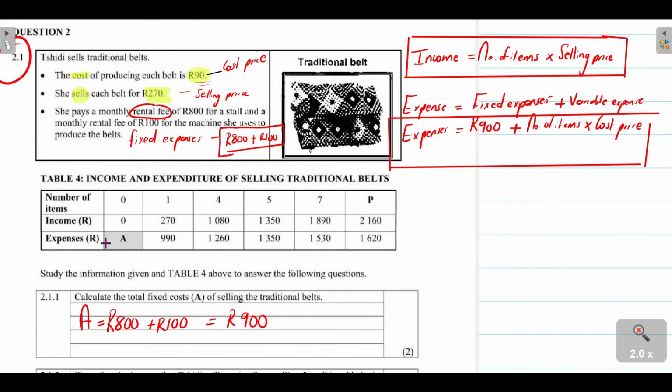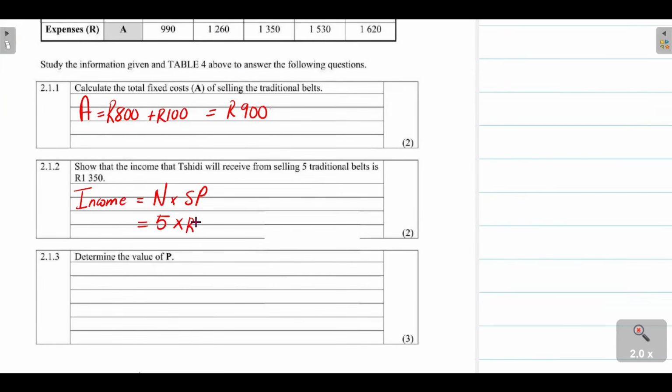No, remember there's a difference between selling price and cost price. It's 270. So if we take 5 multiplied by 270, what are you getting? It's 1,350. So we've basically shown that the income that TD will receive from selling the 5 traditional belts is 1,350.